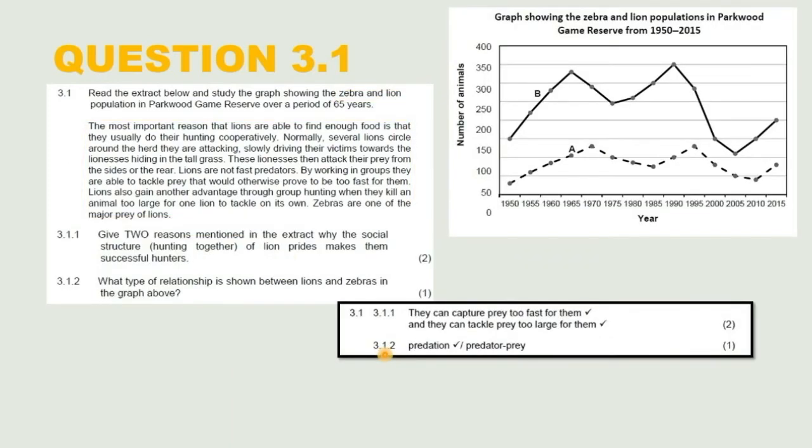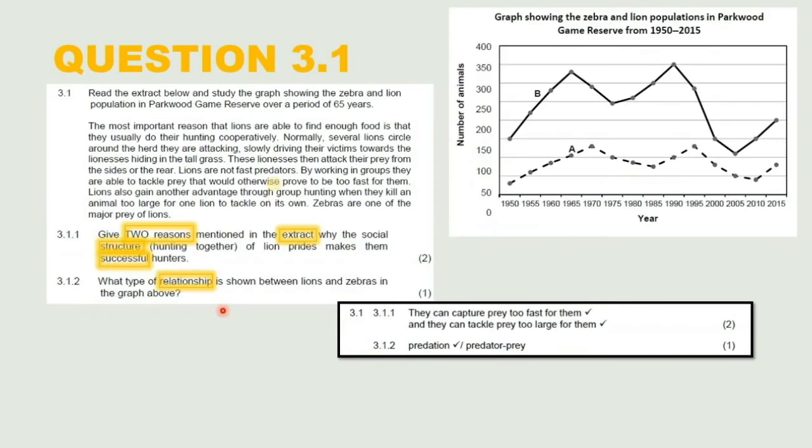So let's read through question 3.1.1. They say give 2 reasons mentioned in the extract why the social structure, so hunting together, of the pride makes them successful hunters. Then, question 3.1.2, what type of relationship is shown between the lion and the zebras in the graph?